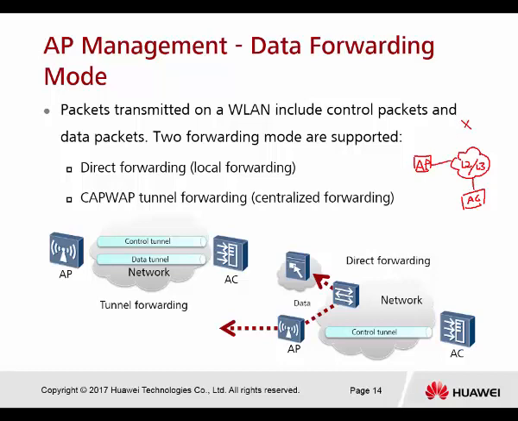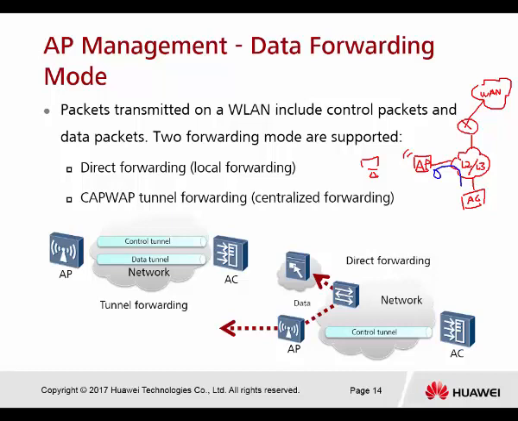And I also have one gateway right here before you can go to the internet. So this one is the WAN, going to the internet. Right here I have one user. I want to go online using the wireless. So if I go using the direct forwarding, let me draw the tunnel first.